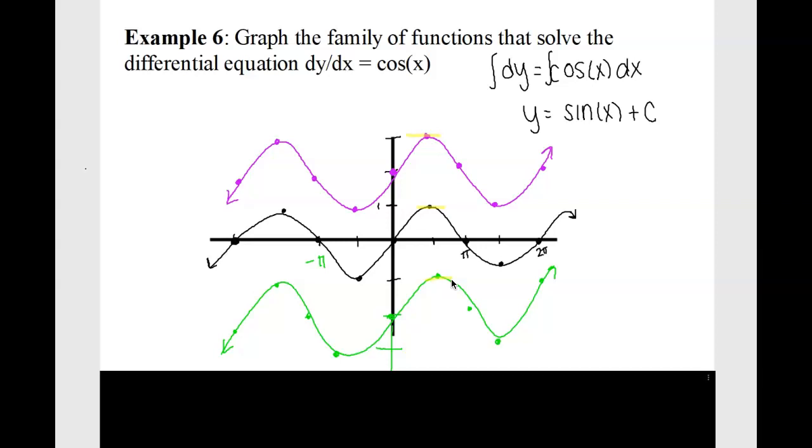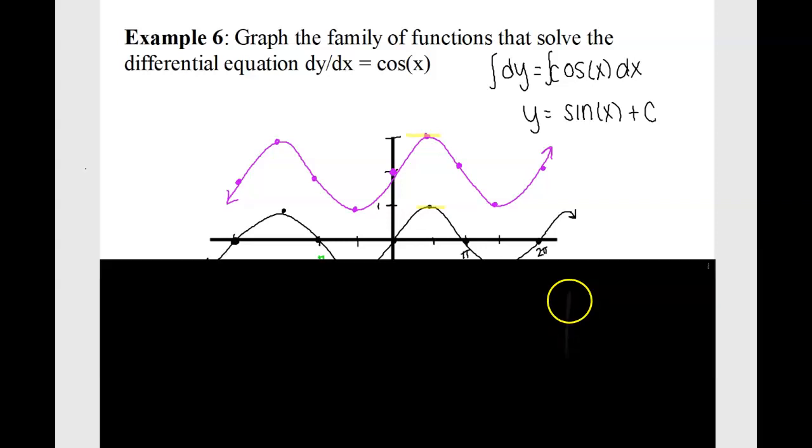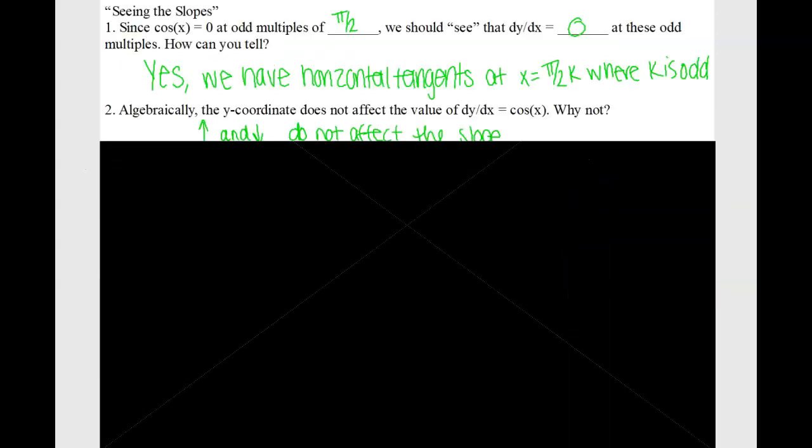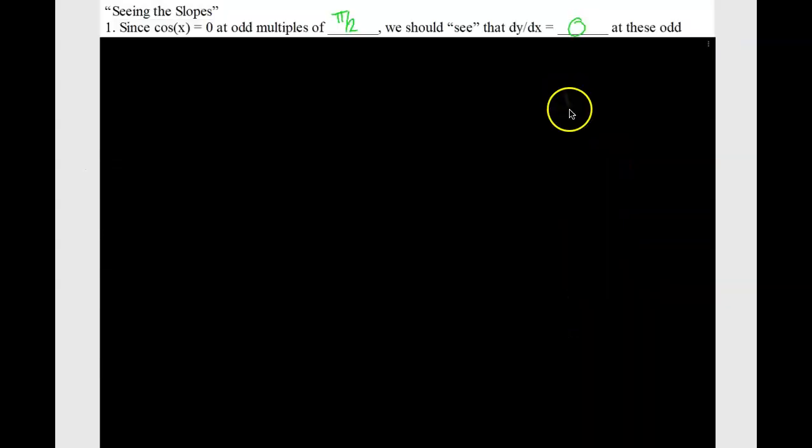That's what the follow-up questions are saying. So how do we know this? Well, we know this because we have horizontal tangents on our graph of sine at pi halves. And I'll put that wording up right here.